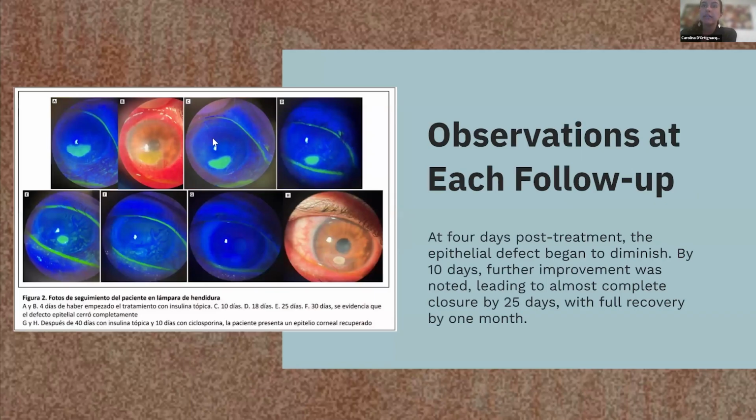So this is the progression that she had. We can see in the first picture that it was really big, and then it got smaller, and on the last day, at 40 days, the epithelial defect was already closed.